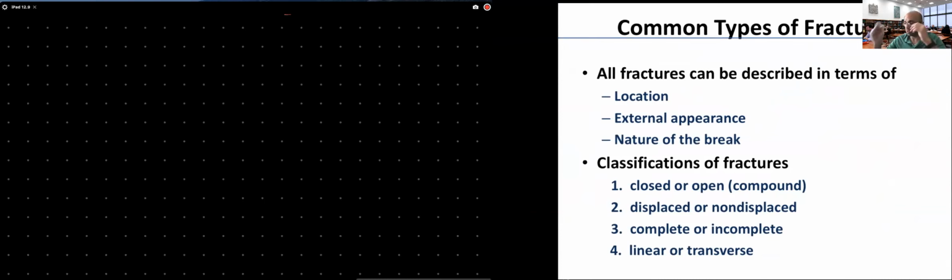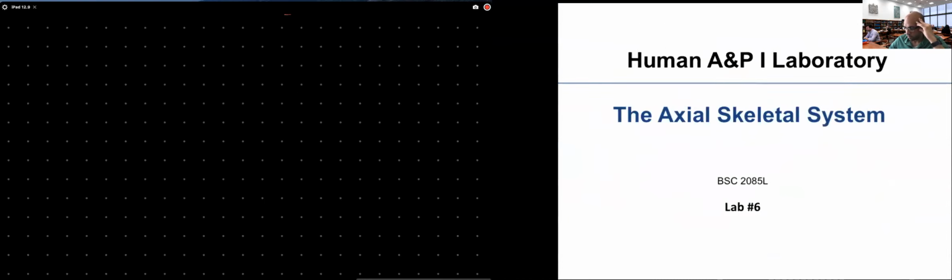So we're going to need to discuss the bones, which is going to be the main topic of the next lab exam. I want to discuss with you the anatomy part of the skeletal system, which is part of chapter 7.